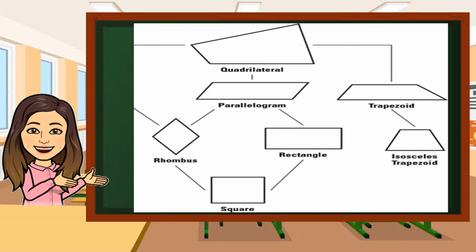Now, in our previous lesson, we talked about types of quadrilaterals. There are many or various kinds of quadrilaterals.